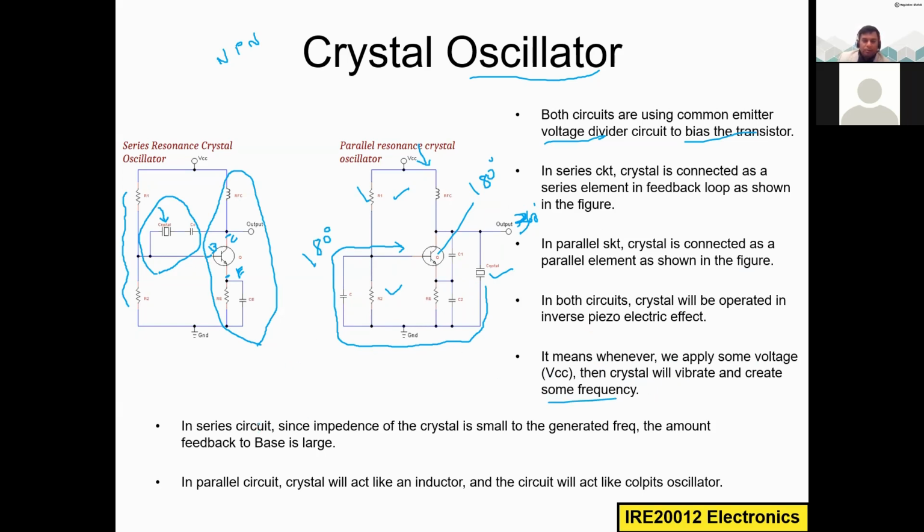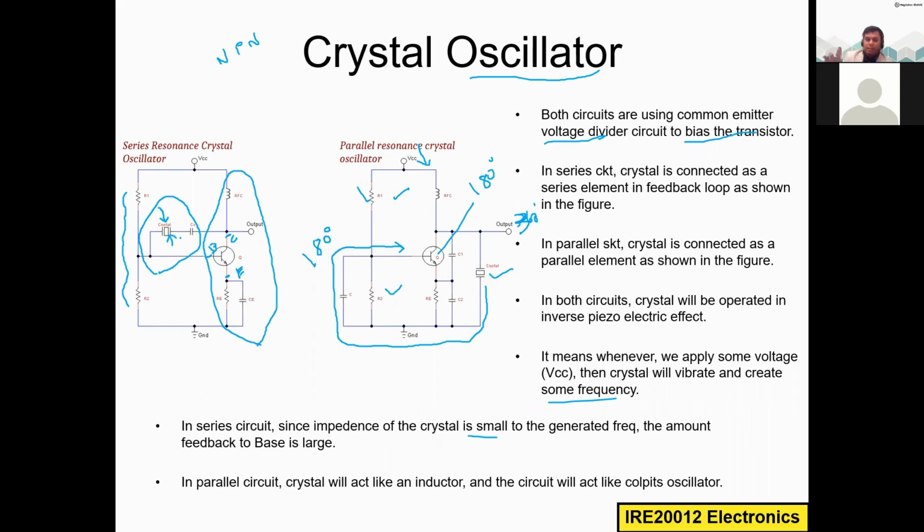So in the series circuit, since the impedance of the crystal is small at the generated frequency, the amount of feedback to the base is very large. You can see the impedance here. What is impedance? That is the opposition the crystal is providing to the current flow.